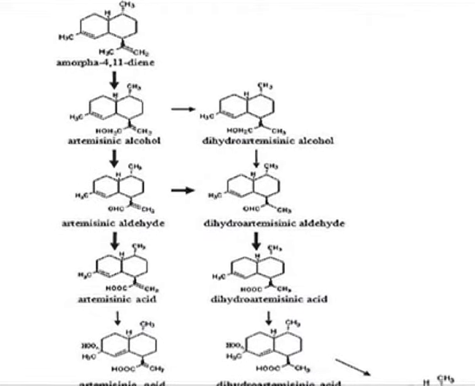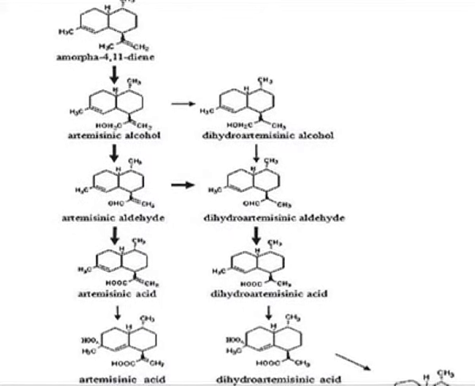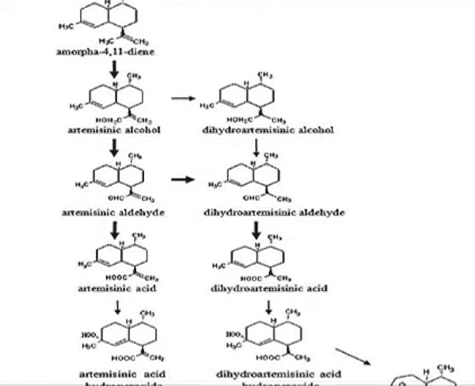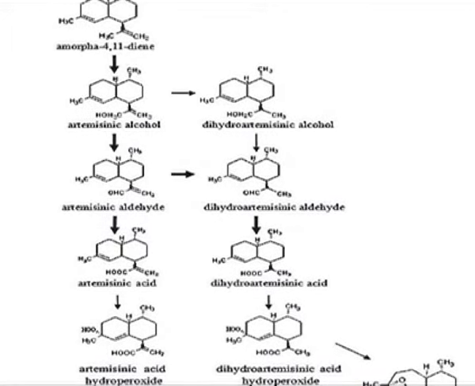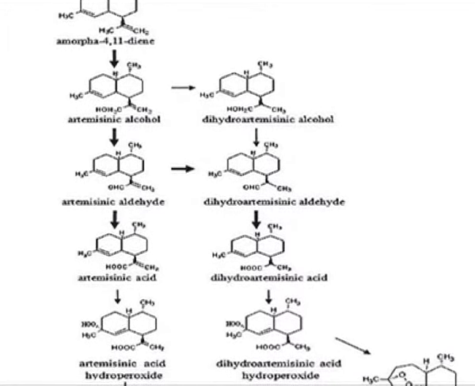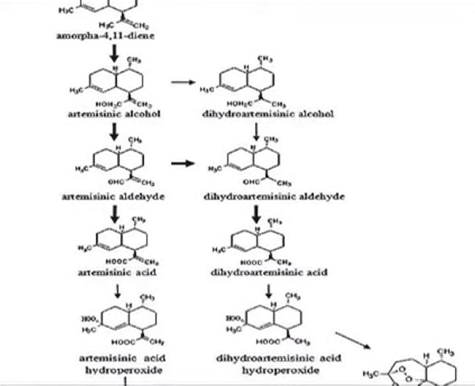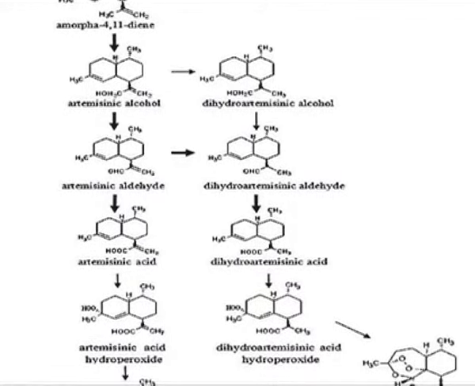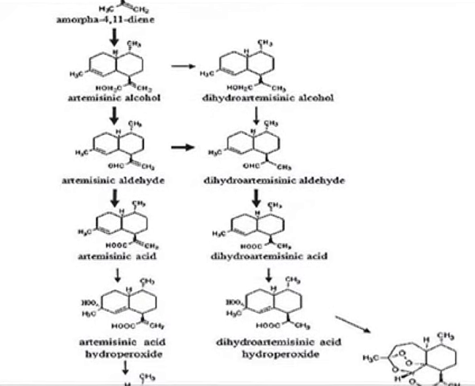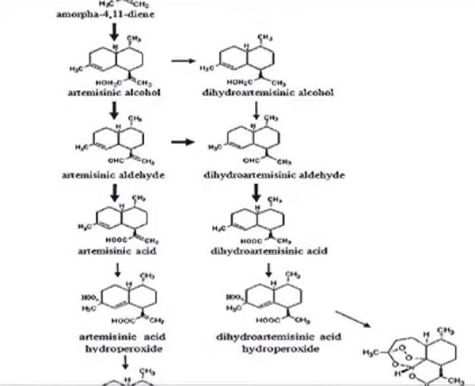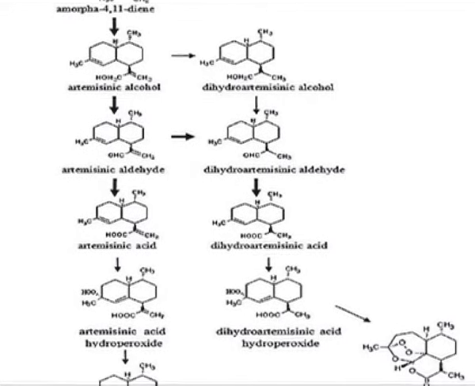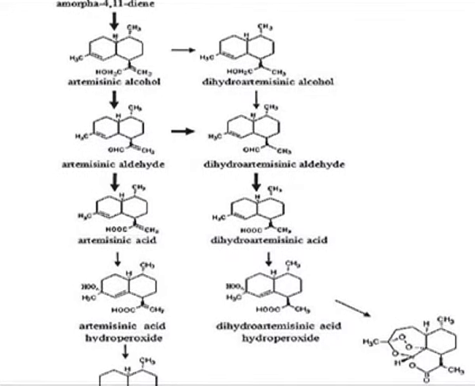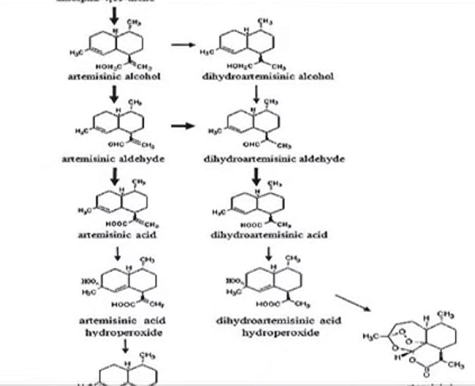Now, we will study the biogenesis of artemisinin. The biosynthesis of artemisinin is believed to involve the mevalonate pathway and cyclization of farnesyl diphosphate. It is not clear whether the non-mevalonate pathway can also contribute the 5-carbon precursor, that is isopentenyl pyrophosphate or dimethylallyl pyrophosphate, as occurs in other sesquiterpene biosynthetic systems.